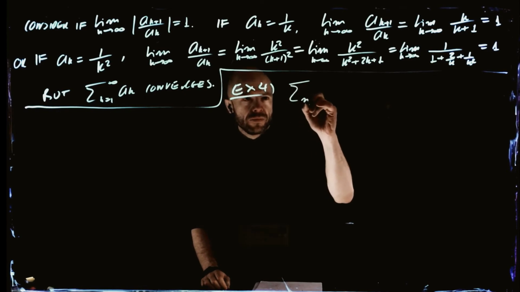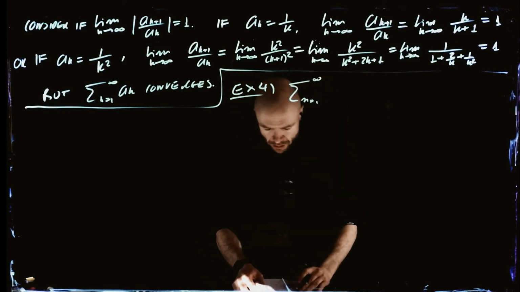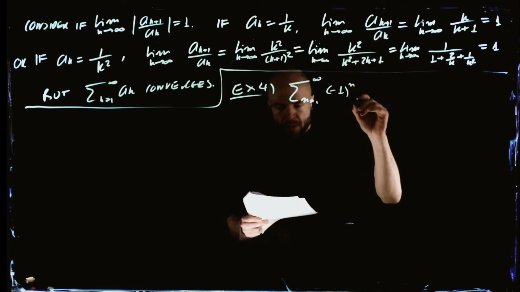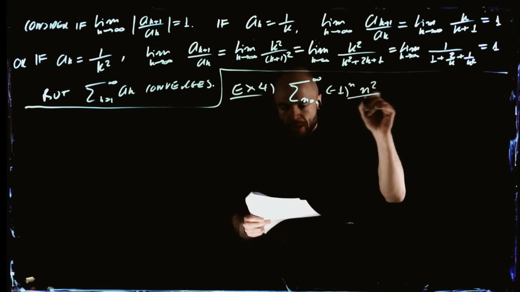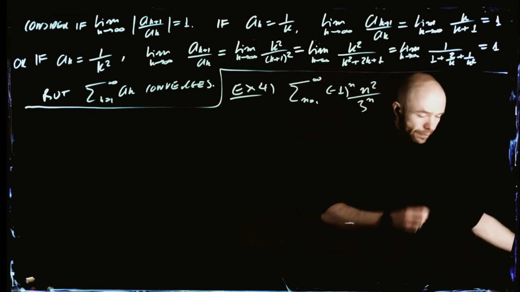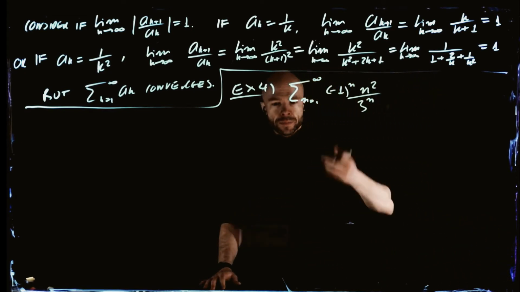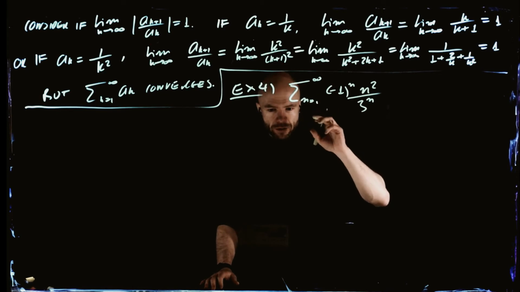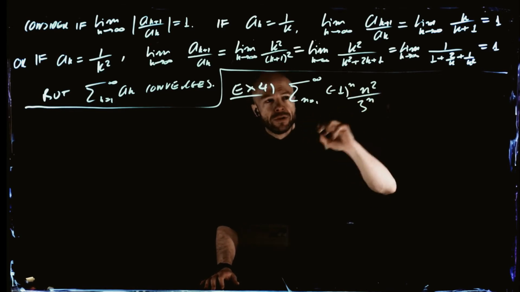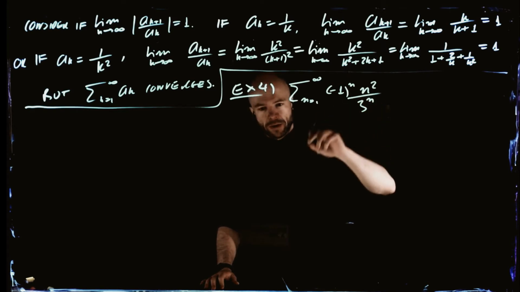The sum from n equals 1 to infinity of (minus 1) to the n, times n squared, over 3 to the power n. So this is a somewhat complicated looking series. It's changing sign. We have an n squared. We have a 3 to the n on the bottom.